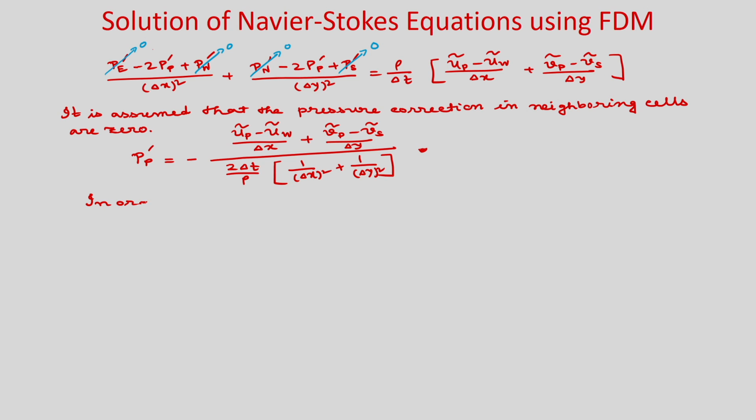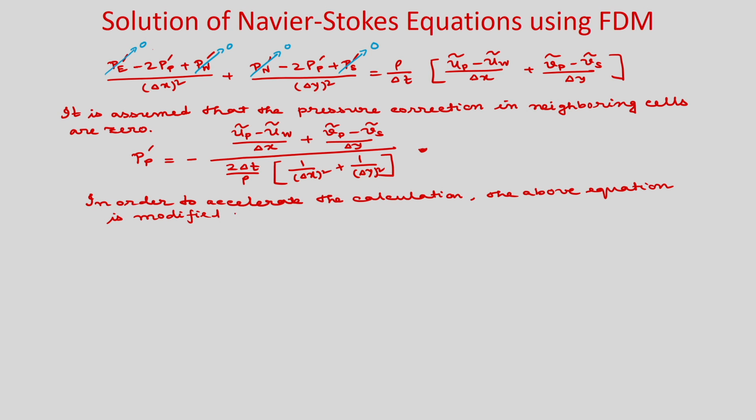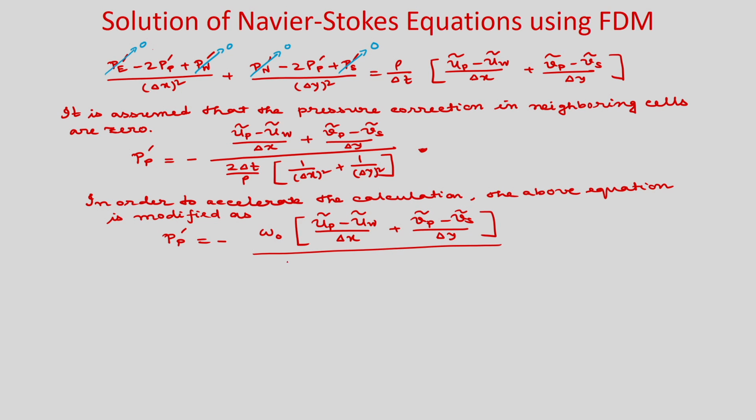So, in order to accelerate the calculation, the above equation is modified as, we will use some over relaxation factor minus omega naught times (u p tilde minus u w tilde divided by delta x plus v p tilde minus v s tilde divided by delta y) divided by 2 delta t by rho times (1 by delta x square plus 1 by delta y square).